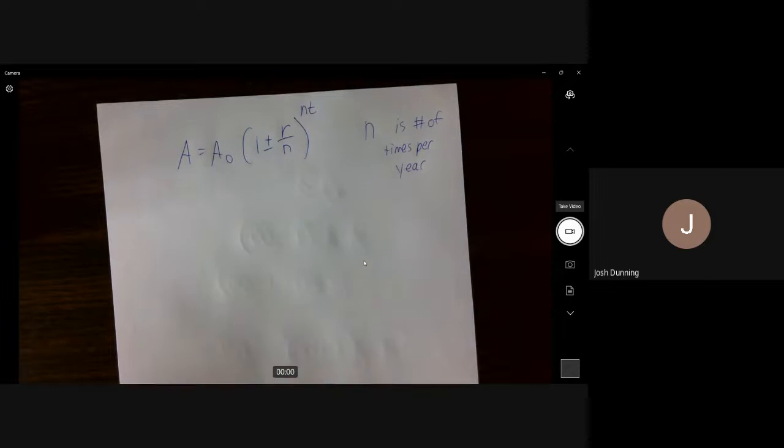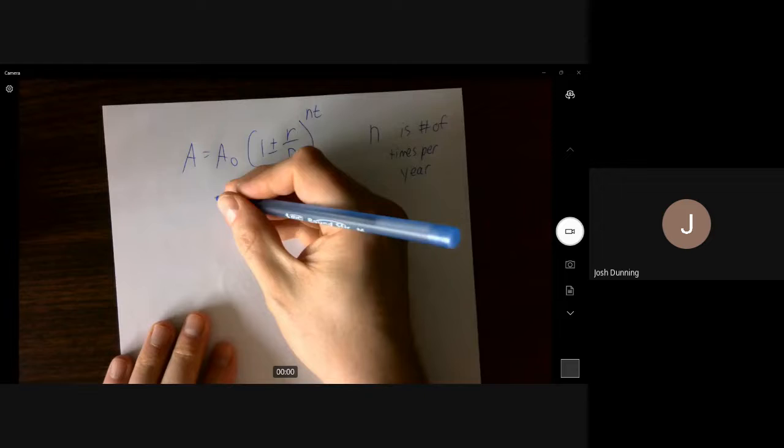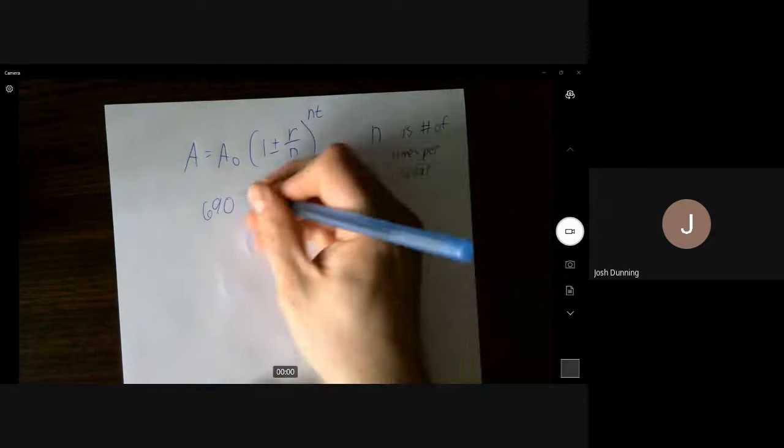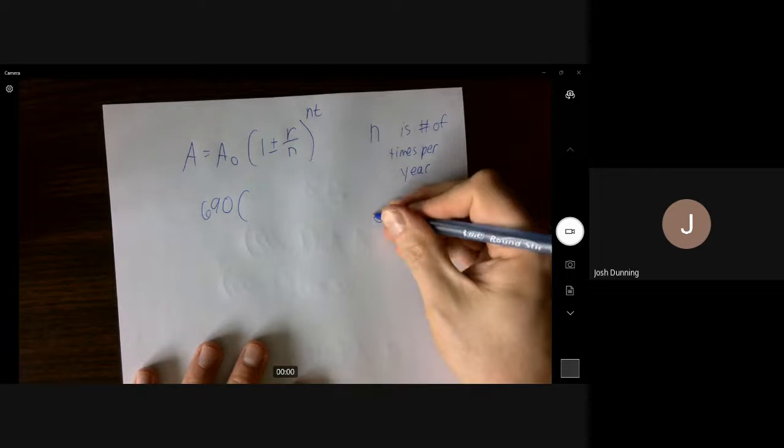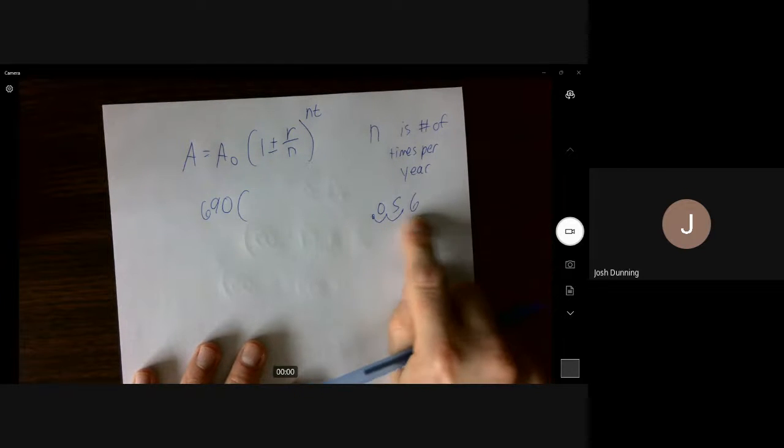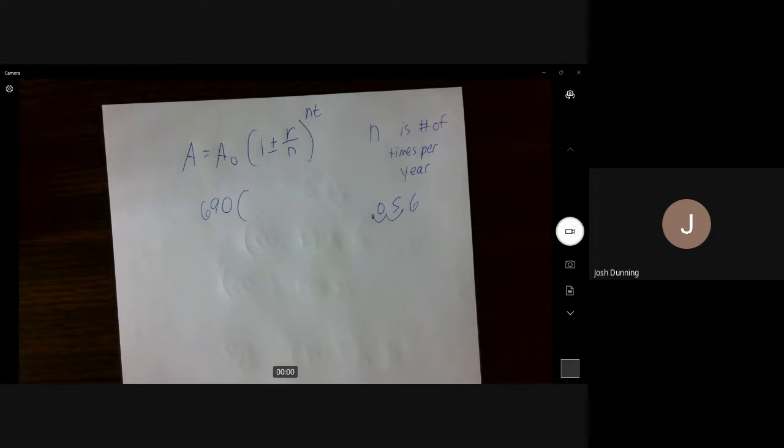So Peyton here invested $690 in 5.6%. Oh, make sure you don't mess that part up. Once, twice, 0.056. Compounded monthly. So there's 12 months in a year. So if it's compounded monthly, N is 12.